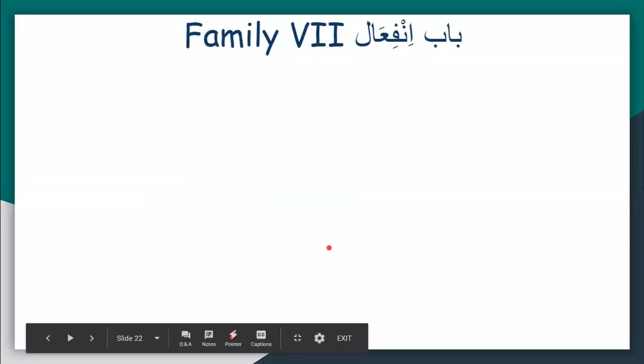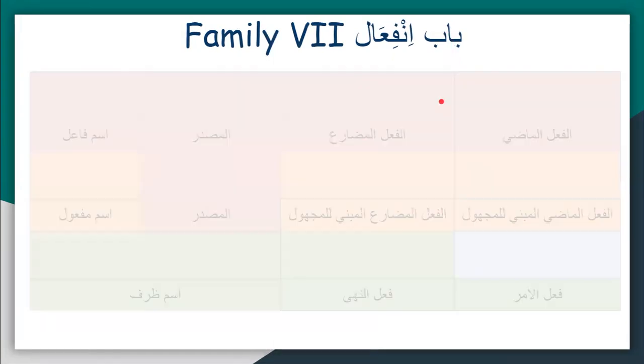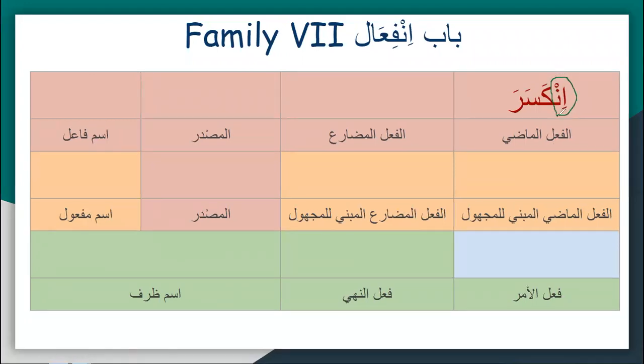So now we have to study family number 7, right? Family number 7 is what? The Inkasara family. I told you already that in is extra and kaf, sin and ra is the root.